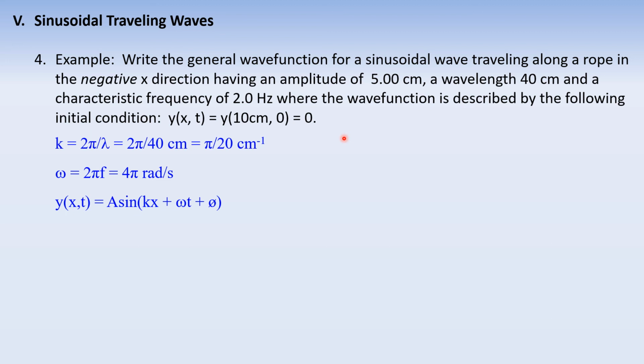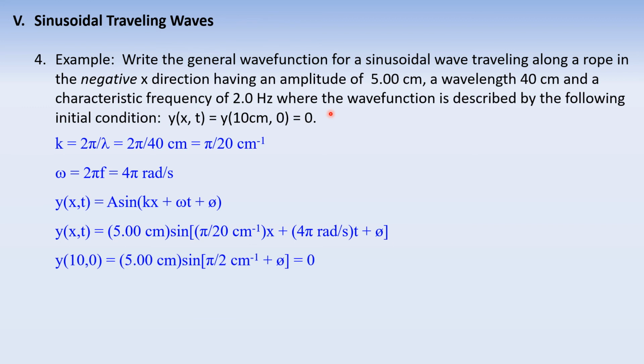And here we're going to use this set of initial conditions to figure out the value of our phase constant phi. The amplitude is given to us as 5 centimeters, so we know that. That's given. We don't need to evaluate that. So we plug in all these constants, A, omega, and k, and this is what our generalized wave function looks like.